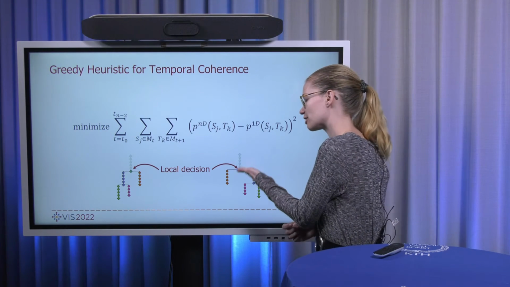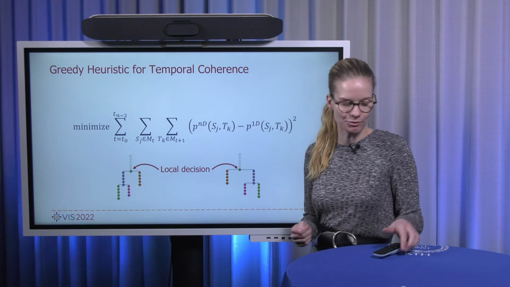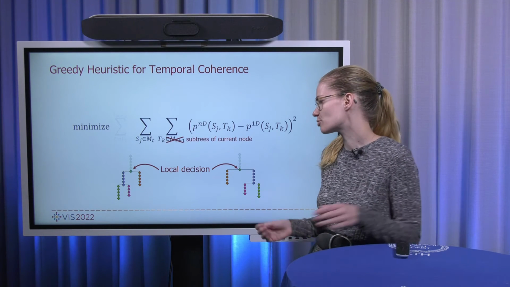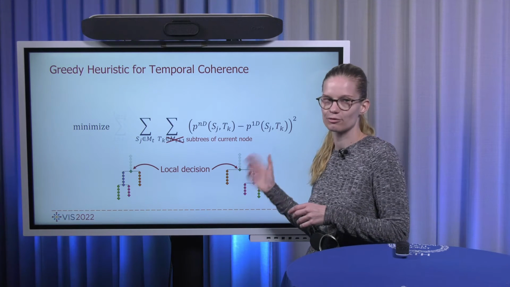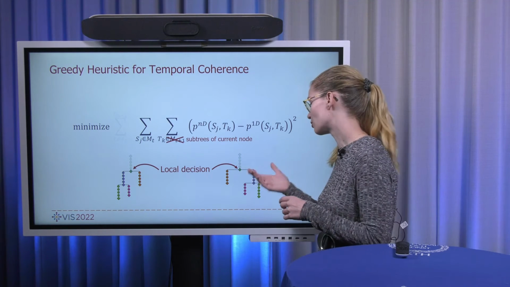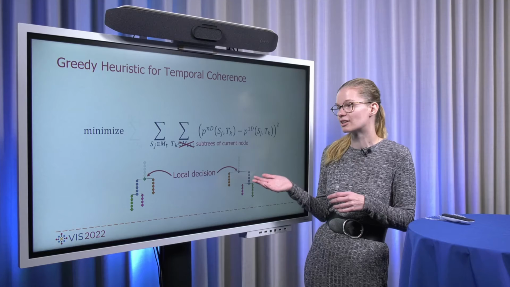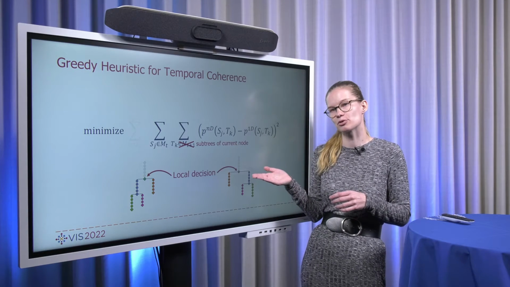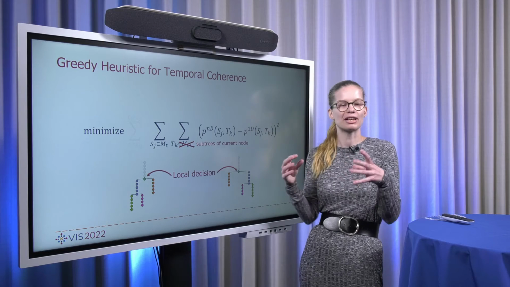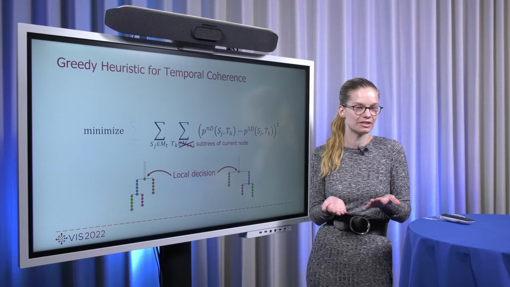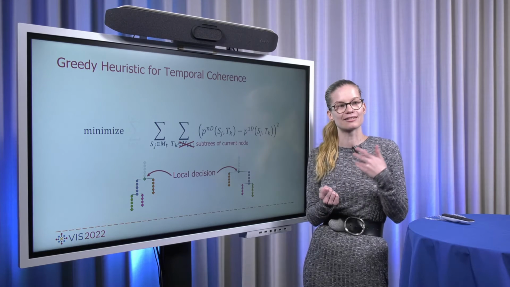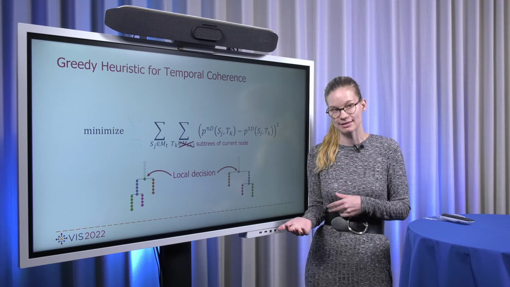That means we traverse a new tree from the root, and every time we encounter an inner node, we evaluate just for those two subtrees the objective for the two possible orders that we can traverse, and then look at which of the two is smaller and pick that traversal order. We do that hierarchically until we have traversed the entire tree, and then the order of that tree is the fixed order for the next time step.